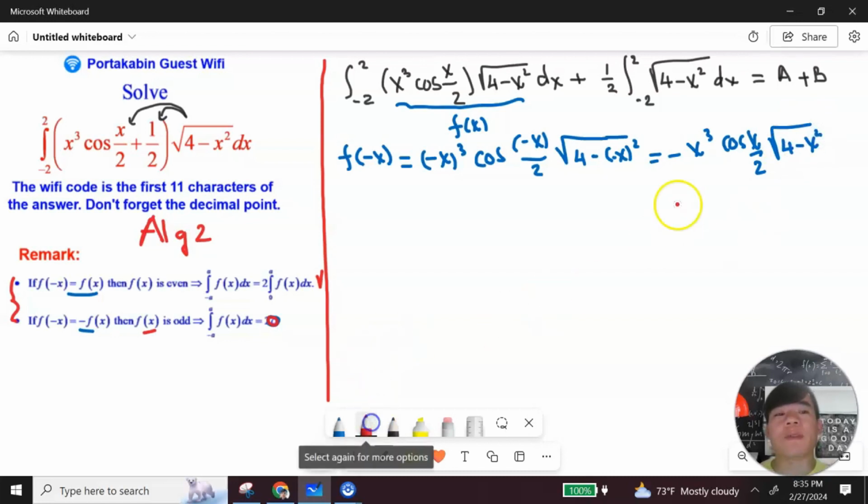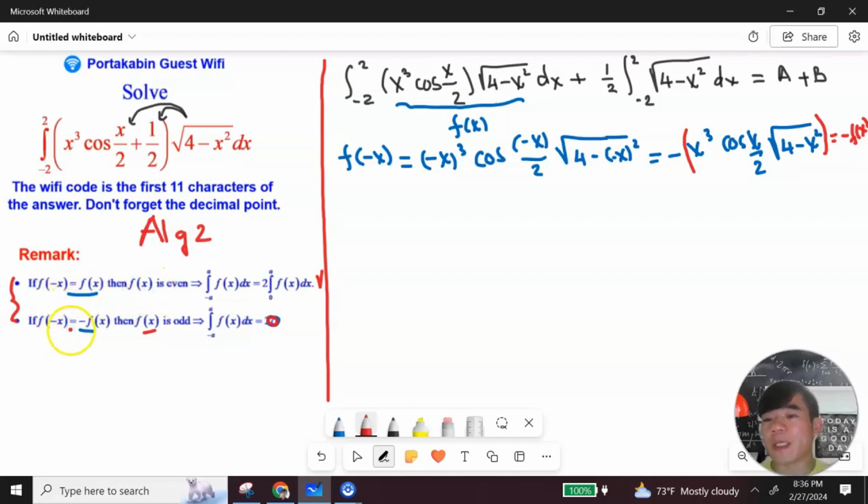Now, if you look at this one, this guy is actually f of s right here, and now you have the negative sign in front of it, so it should be negative f of s. We just proved that f of negative s equals negative f of s. So this is actually an odd function.